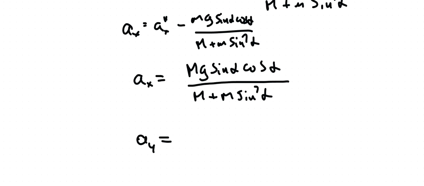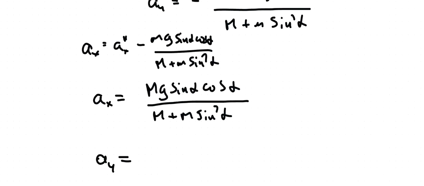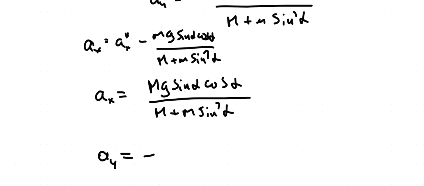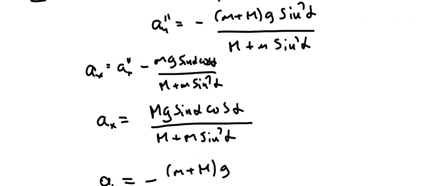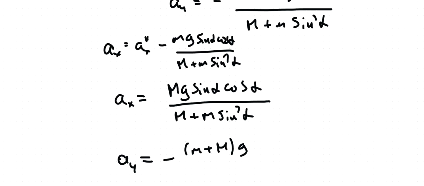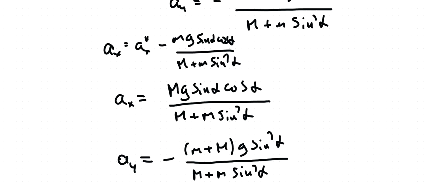It was only in the X direction. So for this one, we will have to write minus capital M plus m, g sine squared alpha divided by capital M plus m sine squared alpha.